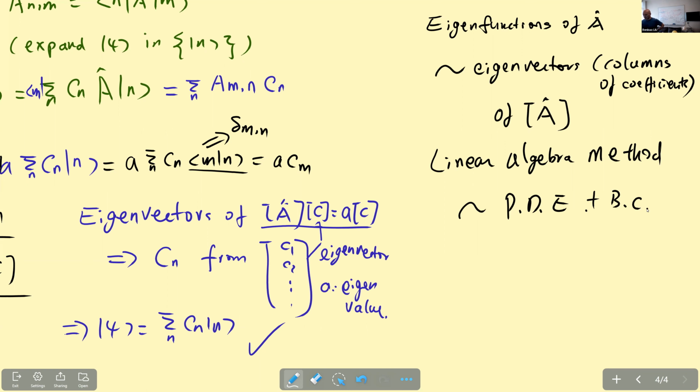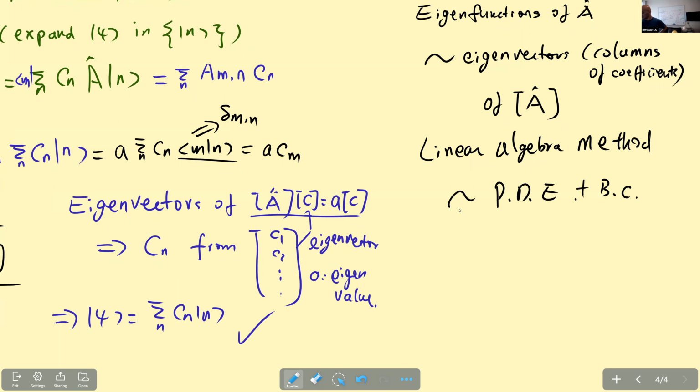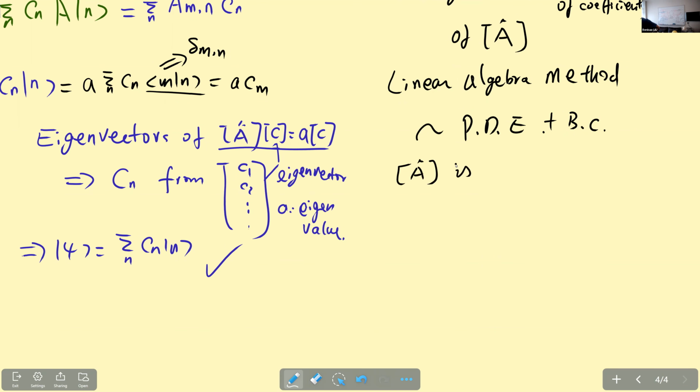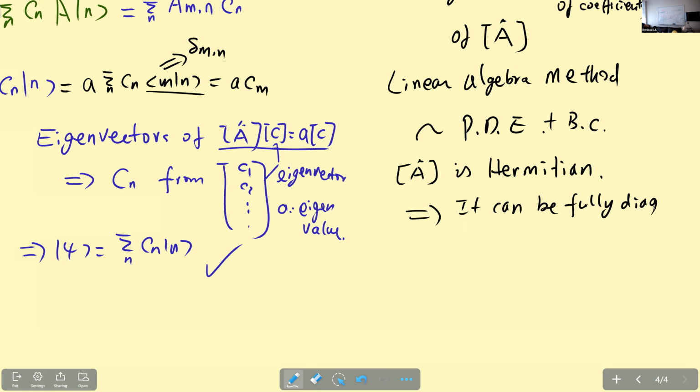And also you know that this A is Hermitian. So that means it can be fully diagonalized. This is one conclusion.